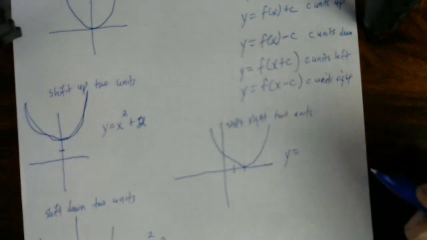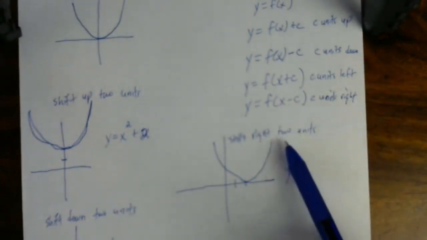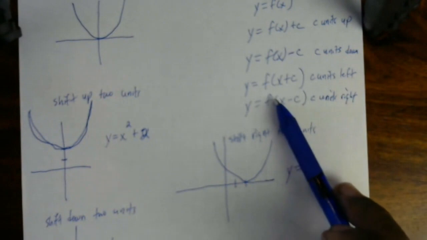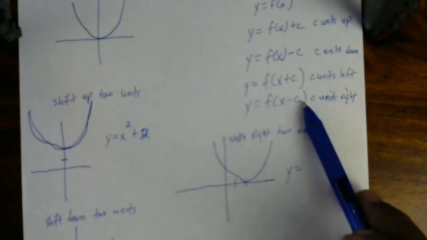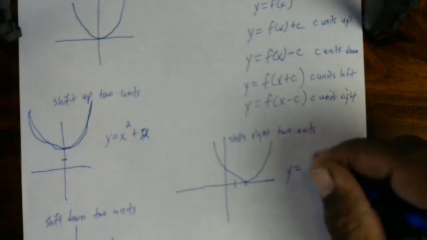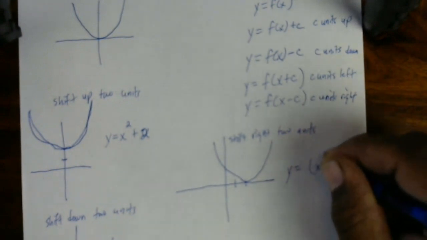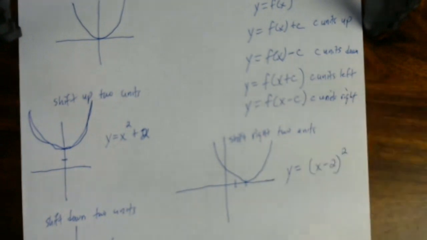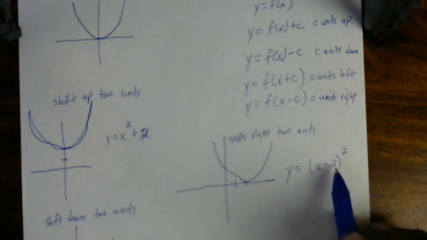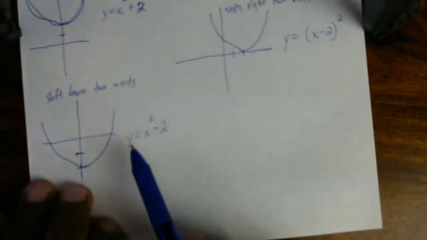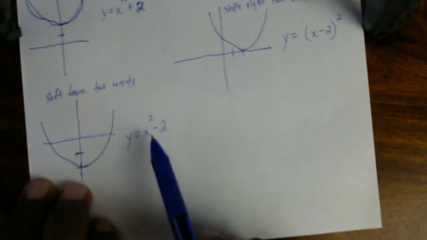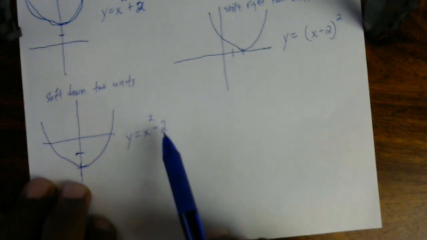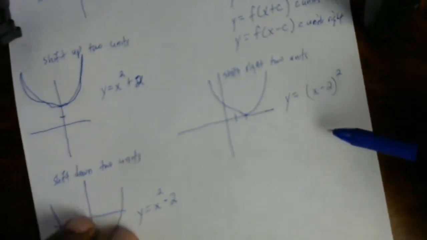So we should have y is equal to, now notice since I'm shifting to the right, the formulation says it's f of x minus c. So I want to write this out as x minus 2 quantity squared. So notice that this minus 2 is within my function. This minus 2 is attached outside of my square term. And we're going to grab this in the calculator in just 1 second.